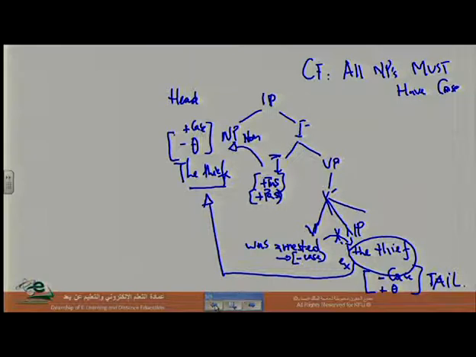Remember that this is an A position, an argument position. An argument moving to another argument position can't be allowed if this position is thematic, because otherwise this NP would receive a theta role from here and a theta role from there, which is not possible. Logically, you cannot be a doer and a doee at the same time. Okay.